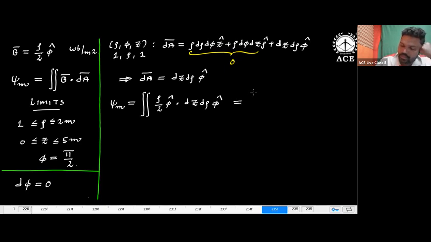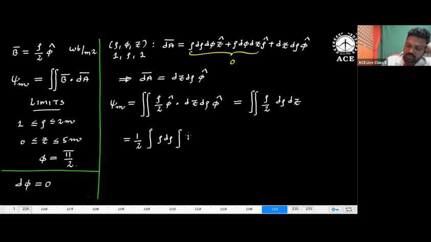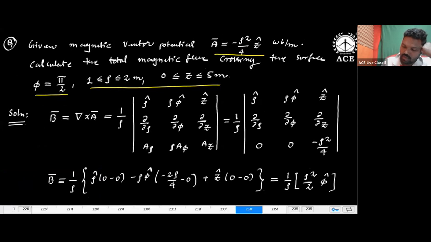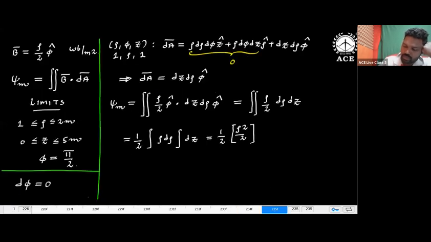So what happens to this one? Here it is the surface integral of rho by 2 into d rho into dz, beta. Separate out the variables. Take 1 by 2 outside. Here it is rho d rho. Here it is dz. 1 by 2 into rho square by 2, rho limits are from 1 to 2, beta.